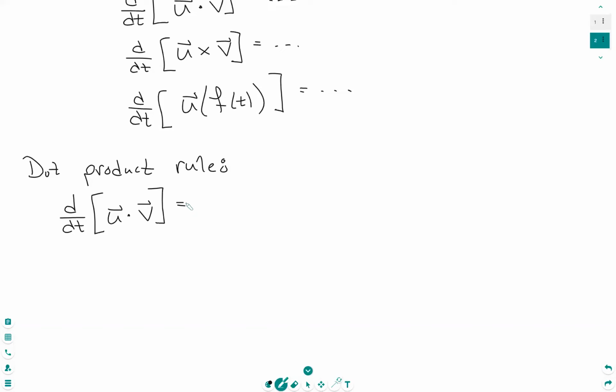So what I'm going to do is just kind of do the dot product out here. So I have d dt of, and imagine we're in R3, but this kind of generalizes to just Rn, any arbitrary dimension. We can have u1 v1 plus u2 v2 plus u3 v3. And these could all still be scalar functions in terms of time.